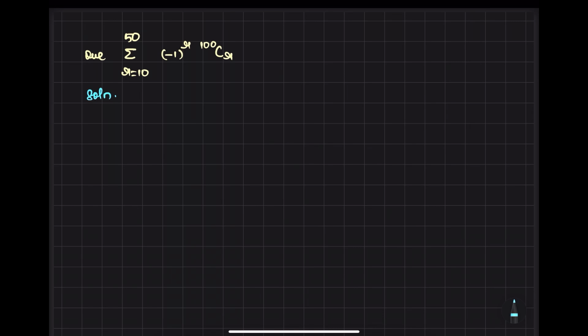So first value of r is even. So it will become 100 C 10, then 100 C 11, then plus 100 C 12 minus 100 C 13.